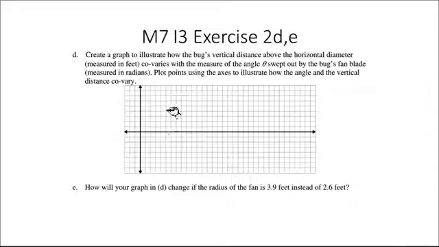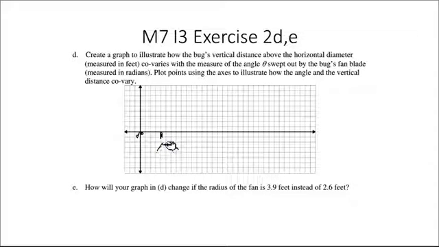So we know at 0 radians our distance from the horizontal center is going to be 0. And since we're talking about theta changing from 0 to pi over 2 radians, let's do 5. Hard to see.